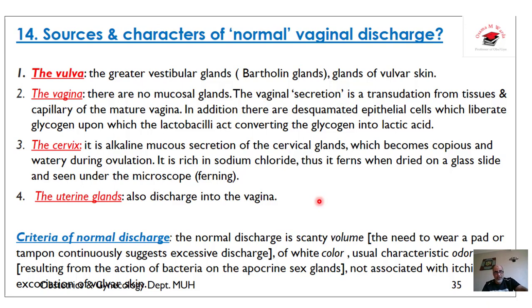Criteria of normal vaginal discharge. The normal discharge is of scanty volume. The need to wear a pad or tampon continuously suggests excessive vaginal discharge. So, the normal vaginal discharge does not need a pad or tampon.